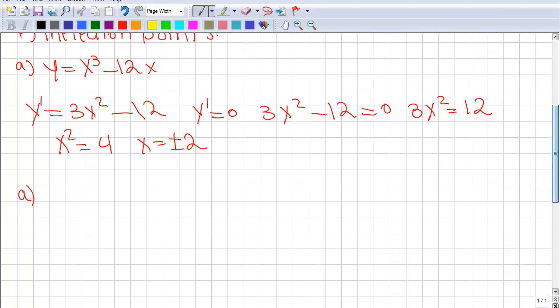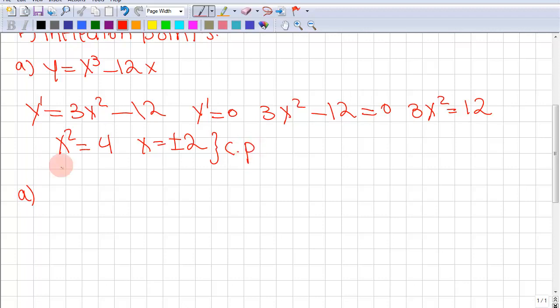Okay, so after that, we have to plug those two roots into our original equation in order to find the increasing and decreasing function. And that is our critical point.